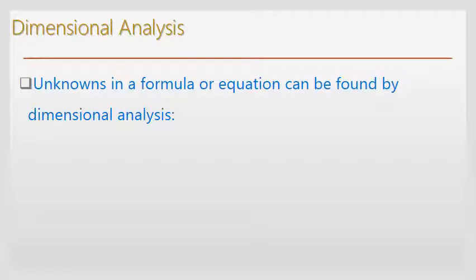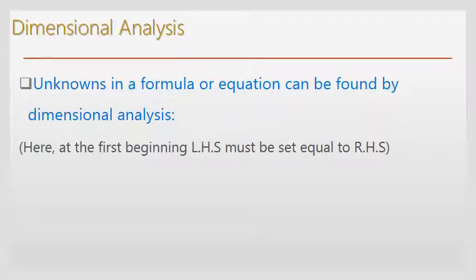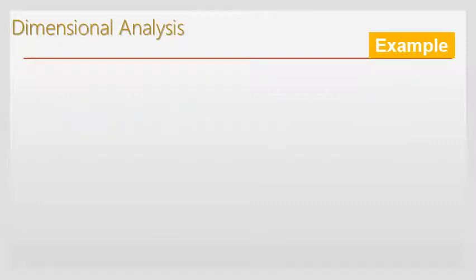Another use of dimensional analysis is that such analysis enables us to find unknowns in a formula or a physical equation. But in this case, we have to consider from the very beginning that the left-hand side and the right-hand side are equal to each other in order to find the unknowns.